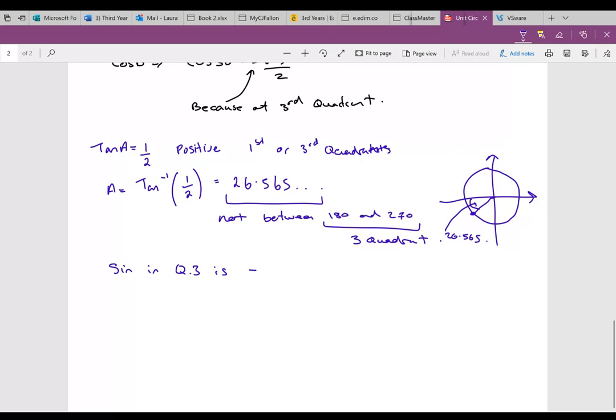Leave the 26.56505118 on your calculator, and simply hit sine of that exact answer. Apologies, it will be sine of the 26.565 and so on.